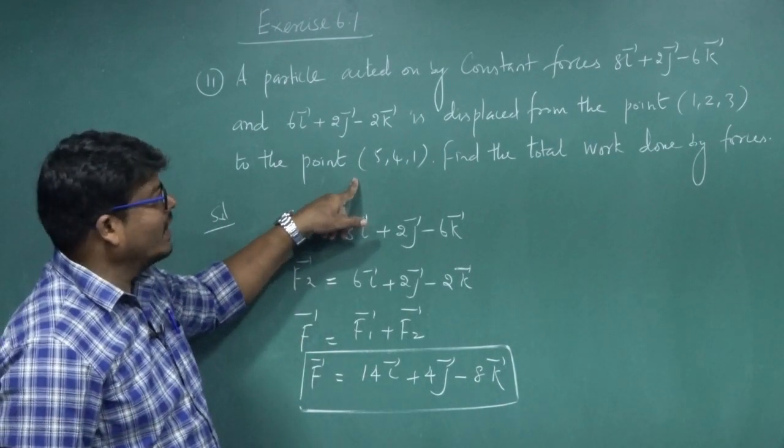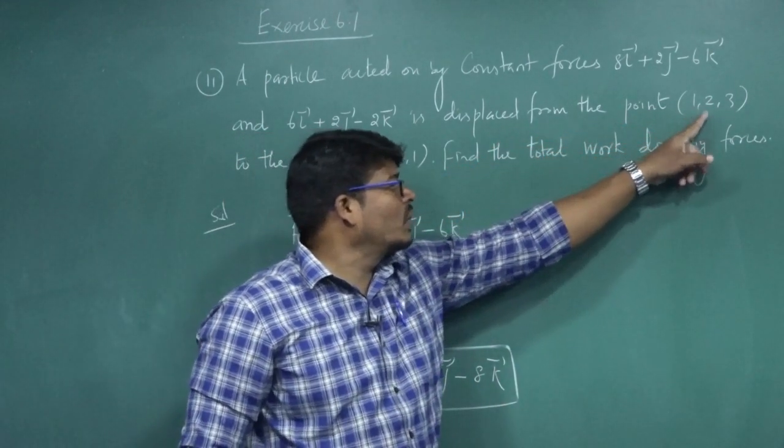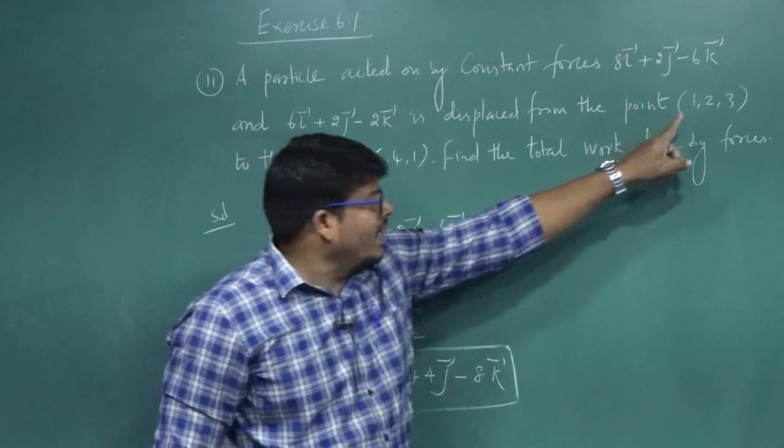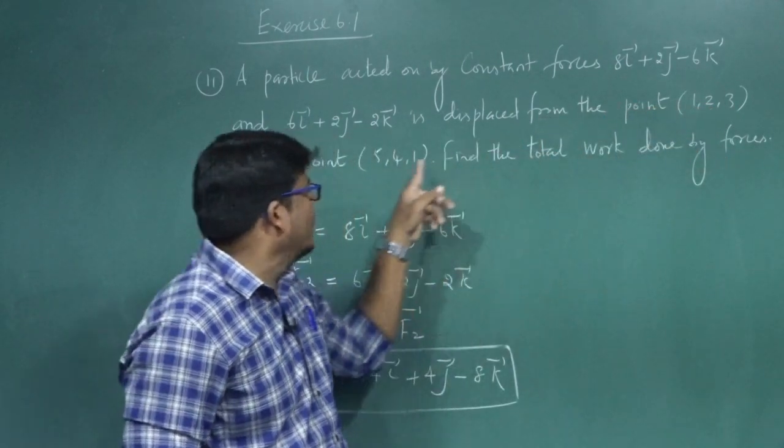Find the d vector. The particle is displaced from the point (1, 2, 3) to the point (5, 4, 1). Given the first point is OA and the second point is OB vector.